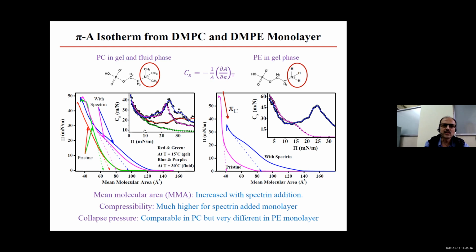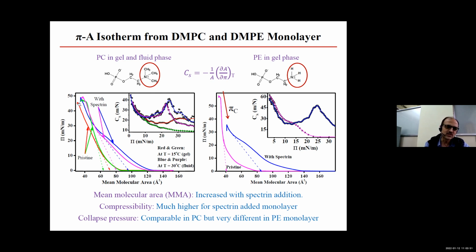And then you can also calculate the compressibility. As you can see, these are the two peaks which are absent for the pristine monolayer. For the pristine monolayer you don't have those peaks, but if you add spectrins, you have a high compressibility region where you can say that the spectrins are getting attached. But one important thing here is this, which is called collapse.